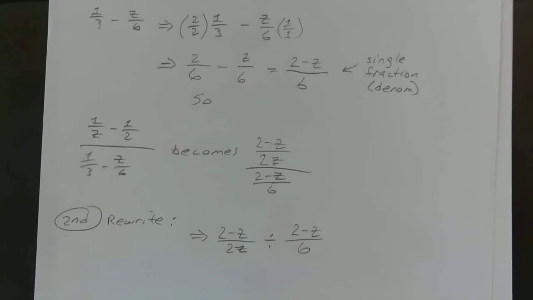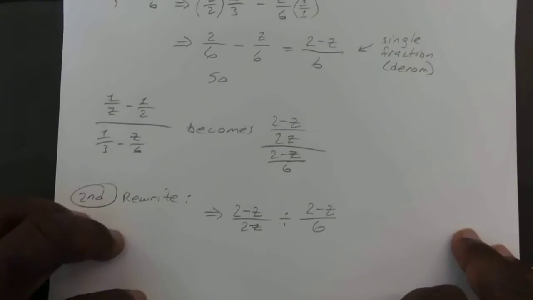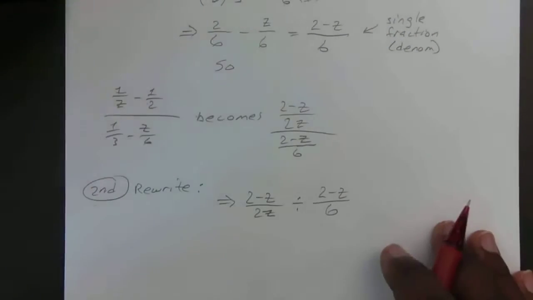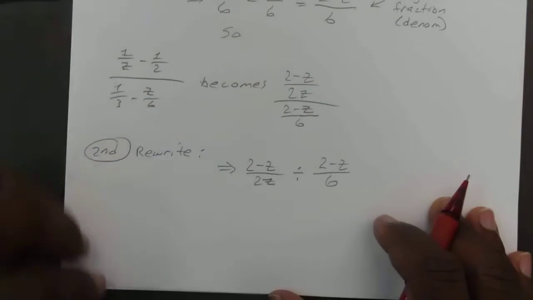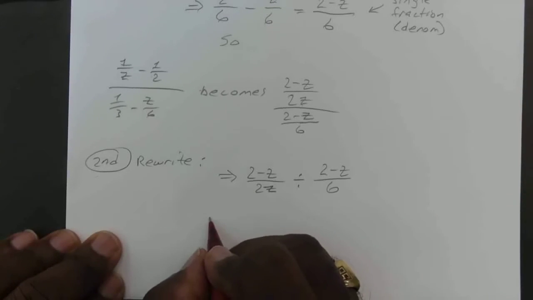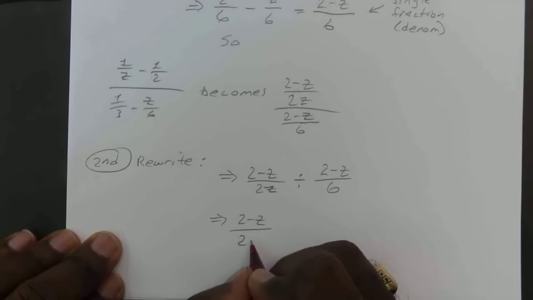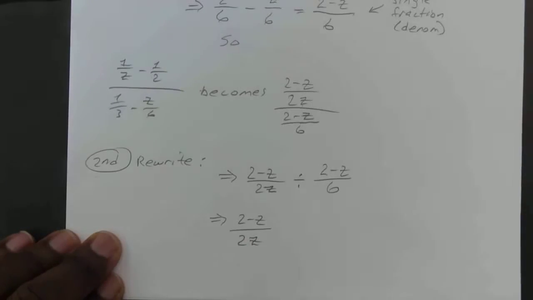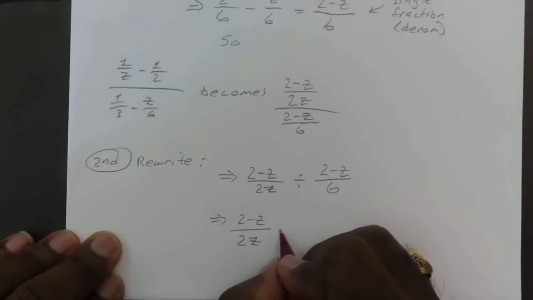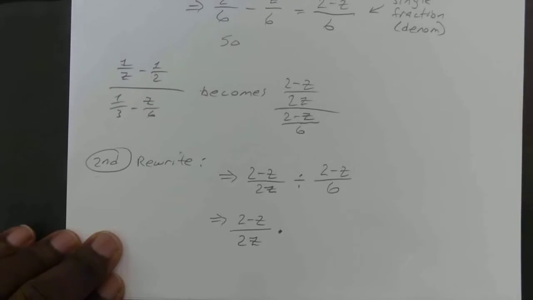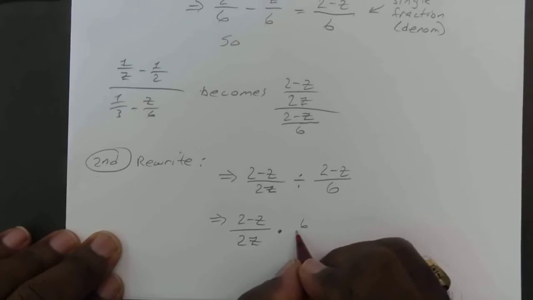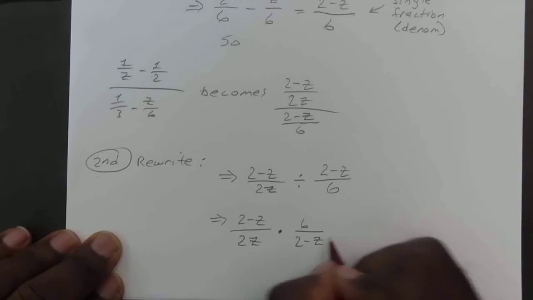Then we use the rules of dividing fractions: first, drop your first fraction, 2 minus z over 2z. Your division changes to multiplication, and then you flip your second one, so you have 6 over 2 minus z.